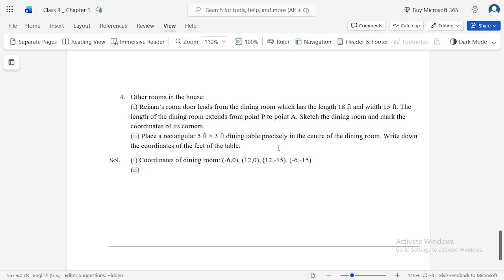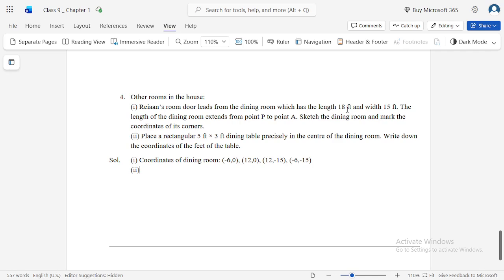It is asking us to place this rectangular table exactly at the center of the dining room. The length of the table is 5 units, but the total length of the room is 18 units.